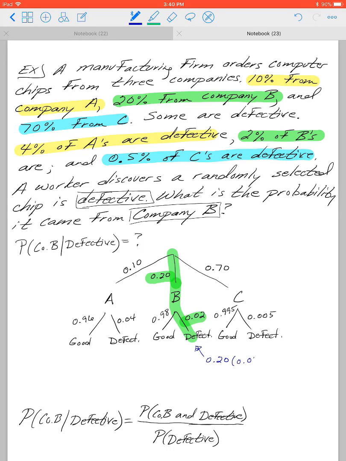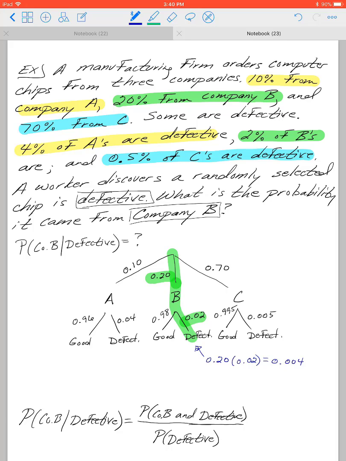I believe, let's see what that gives us. Okay, that's going to be 0.4%. Not even 0.5%. Alright, so that's the likelihood of that occurring at the same time.